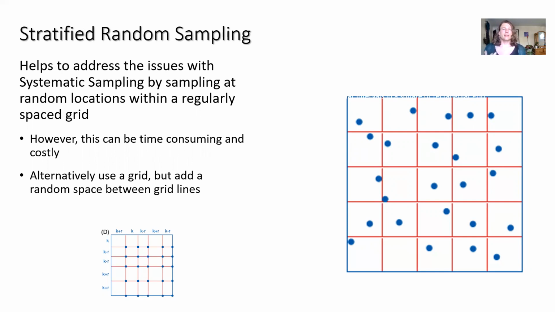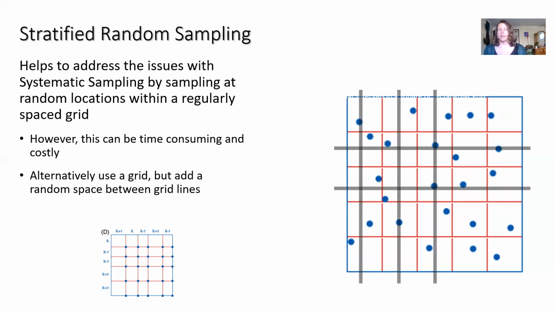Instead, you can address this issue by defining a regularly spaced grid and then taking random samples within them. So this induces some randomness to the sampling method and will alleviate issues with overlapping periodic features.